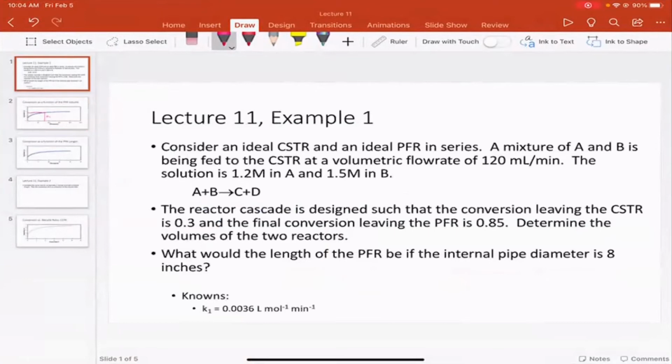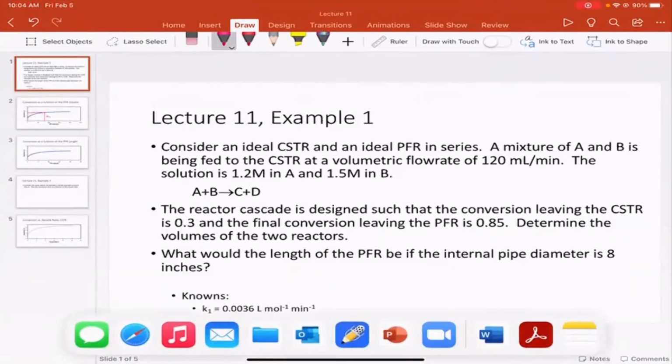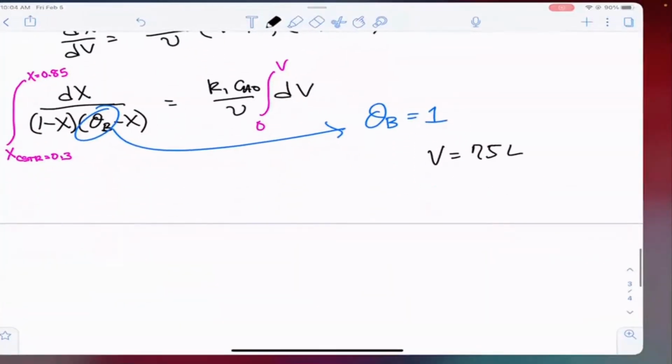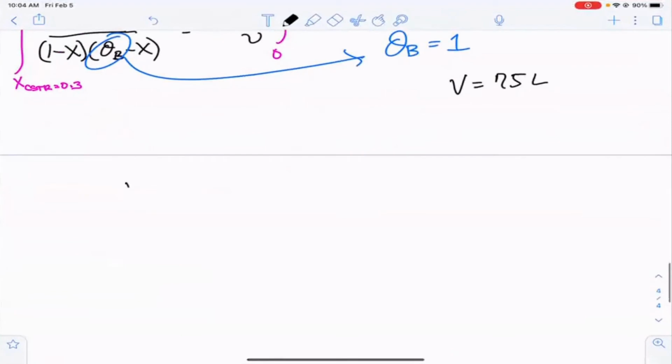So we discussed in the last lecture how you can convert several variables. You have the volume, tau, length, those are all fairly equivalent to each other. In our problem here, we know that the volume of our cylinder, our plug flow reactor, is just the area times the length. And the area is just pi times the radius squared.